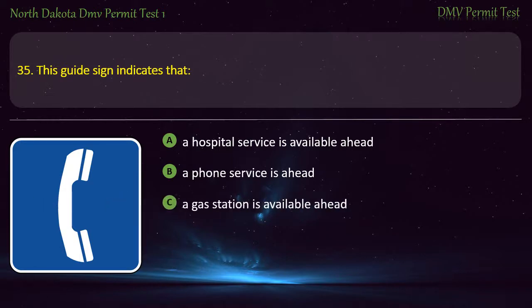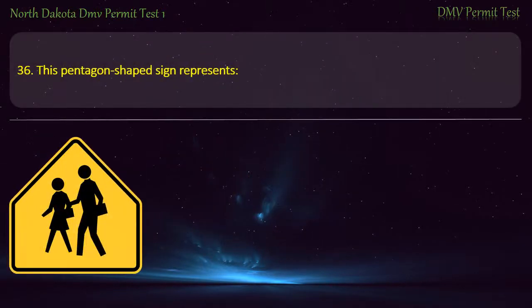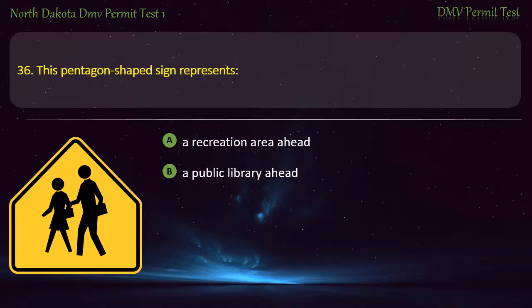A gas station is available ahead. A cell phone use area is ahead. Answer. A phone service is ahead. Question 36. This pentagon-shaped sign represents a recreation area ahead. A public library ahead. A hospital zone ahead. A school zone ahead. Answer. A school zone ahead.